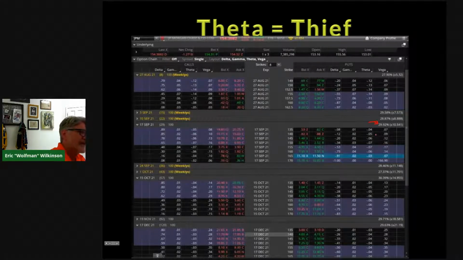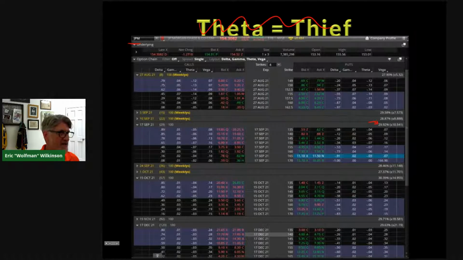So when we go over to the option montage, and I'm sorry I've got it up on the wrong thing here because it didn't save, we want to look at this number, which is Vega, all right, or implied volatility. We're going to see implied volatility in more places than we see Vega. They only threw Vega in here to make it look like it's a Greek, okay? It's implied volatility.